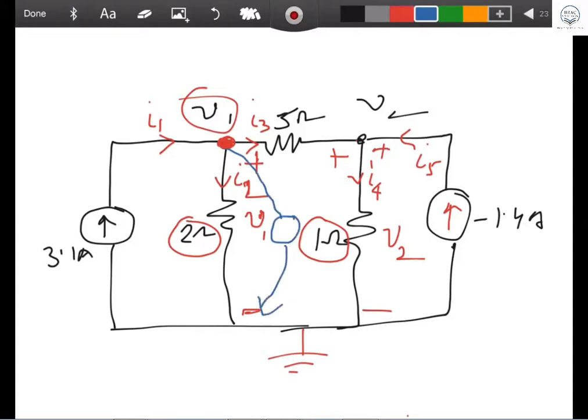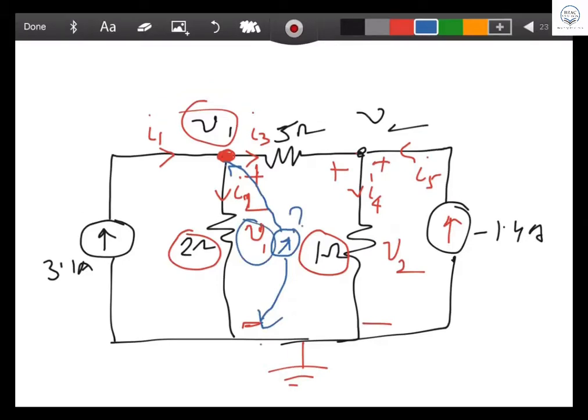A voltmeter has two terminals. If you connect them across these two points, with respect to ground, the voltmeter reading will be V1. Got it?